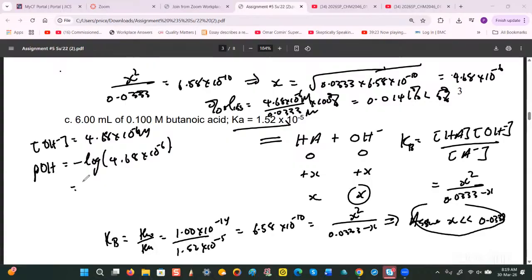So that would be equal to 5.33, which means that the pH is equal to 14.00 minus 5.33. And according to my calculation, that works out to be equal to 8.67. And that's how that is done.